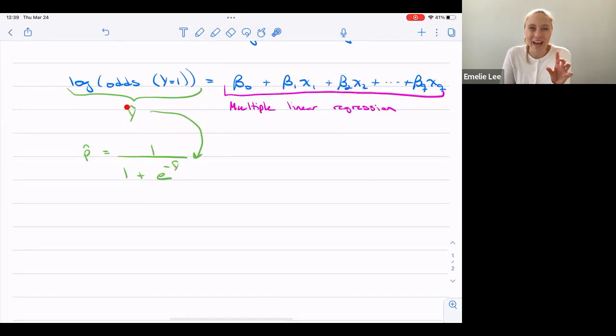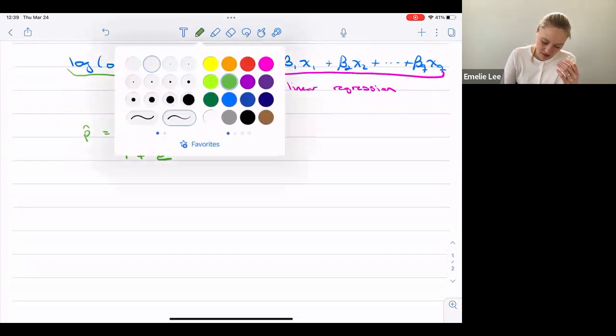But that y hat has to be undone to get to a predicted value of the probability of being in case 1 or being a 1, right? And so here you have to do a little bit of BEDMAS work, right? e to the negative and then the y hat, right? And so, and then add it to 1, and then 1 divided by that number. Okay.